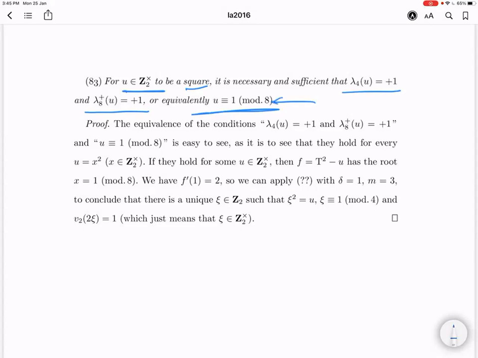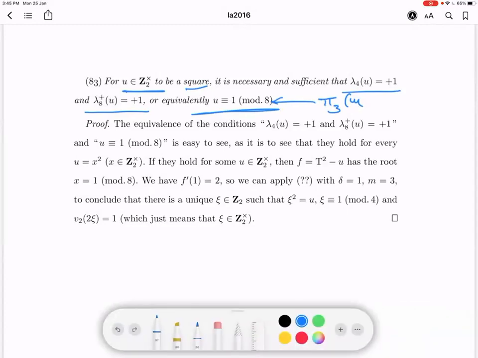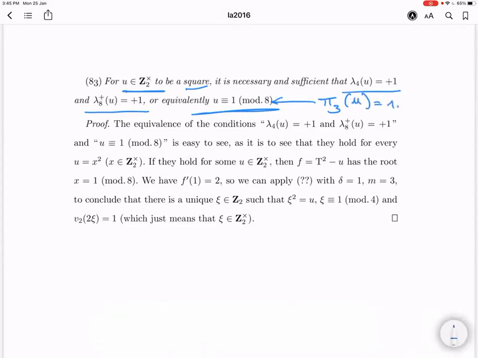So another notation for that is that pi 3 of u is equal to 1. Right? Okay, so I have this characterization of squares in Zp star and Z2 star.